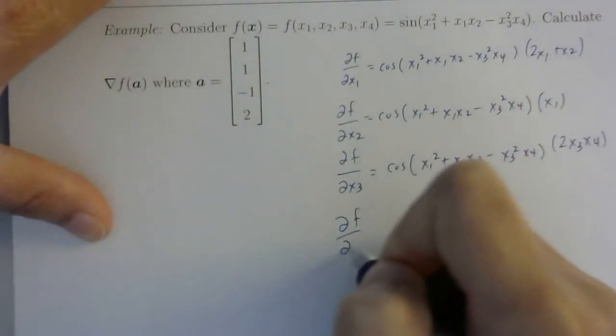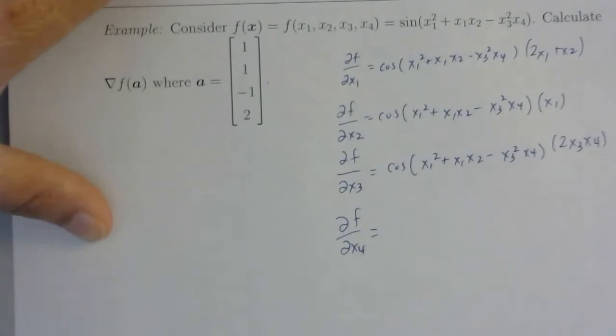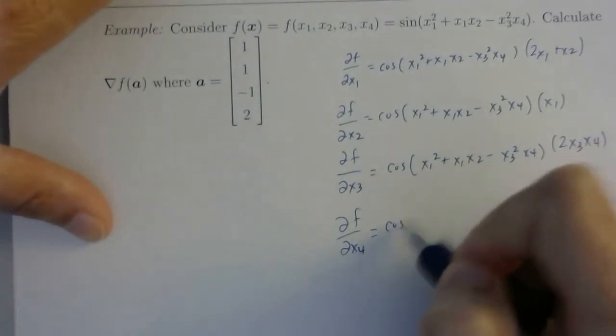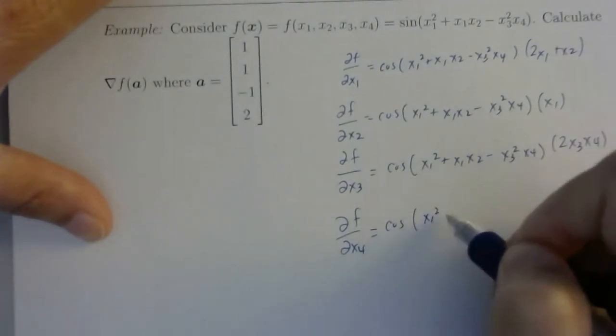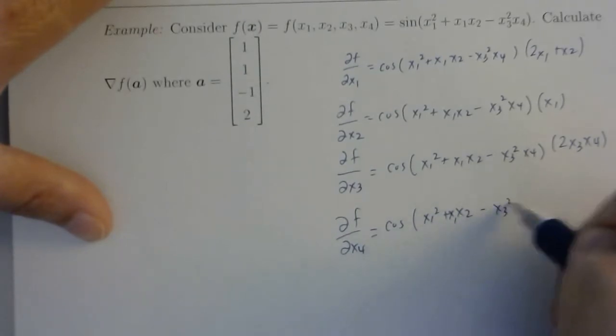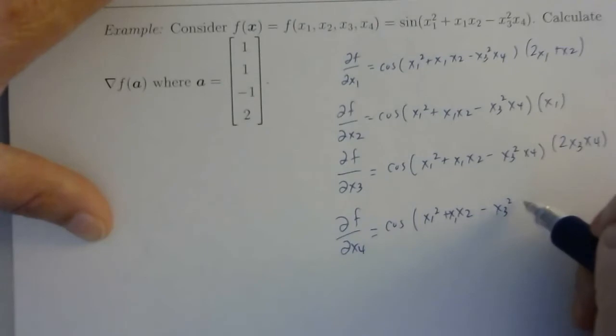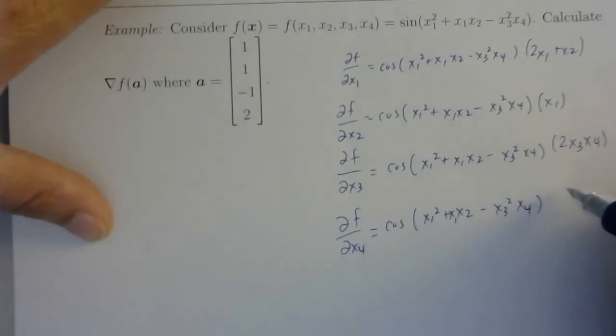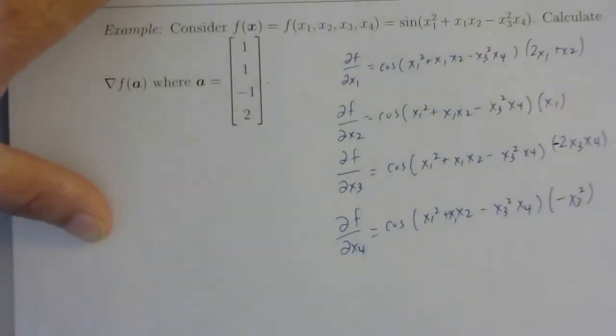And the partial of f with respect to x4, which is the same cosine, x1 squared, x1 x2, minus x3 squared x4, and the derivative of the argument with respect to x4 is just minus x3 squared. Excuse me, there should have been a minus in the previous one here, minus x2, and it should be minus x3 squared.